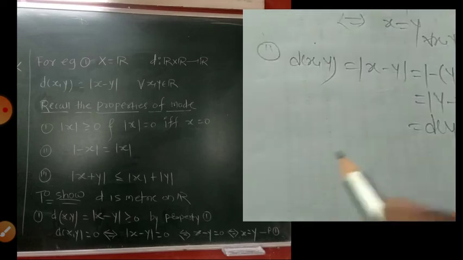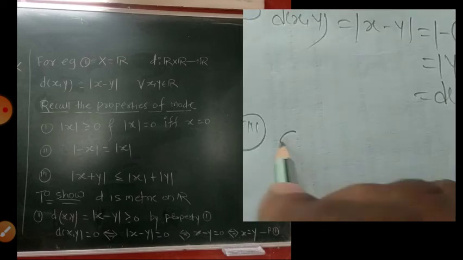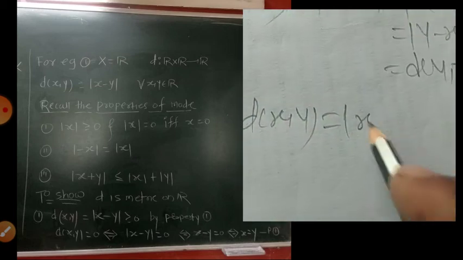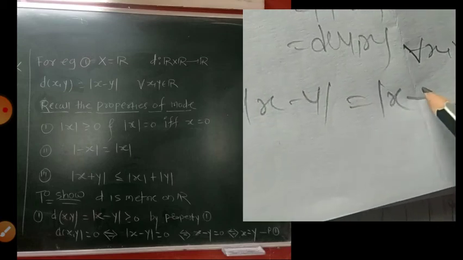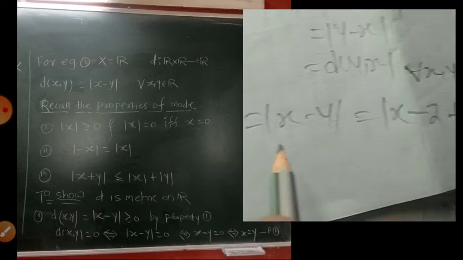Now we have to show the remaining condition, the triangular inequality. For this we take the distance between x and y, that is mod of x minus y. Here we add and subtract z. What do we get?